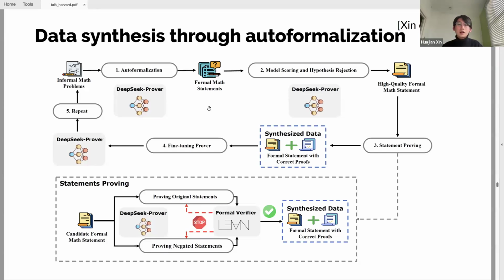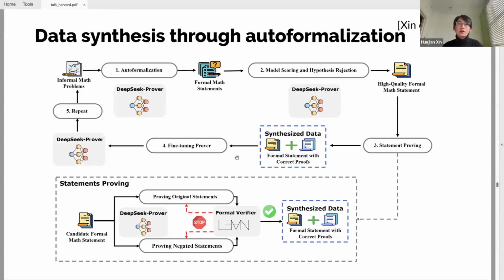For example, if the formal statement contains inconsistent hypotheses, then we can derive any conclusion from it very trivially. There are many difficulties in generating a high quality dataset. For example, the model may generate a false statement.